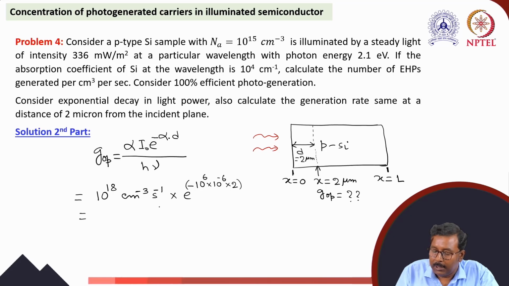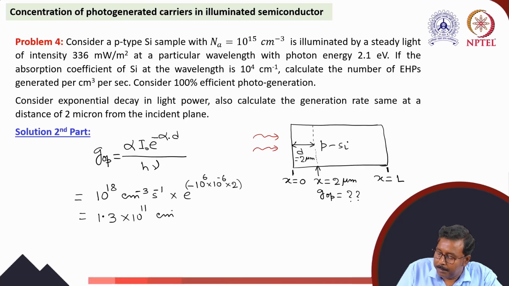So you can calculate this easily, and after calculation it will be coming 1.3, slightly less, into 10 to the power 11 per centimeter cube per microsecond inverse. Earlier it was 1 into 10 to the power 12. So here it is coming 1.3 into 10 to the power 11.